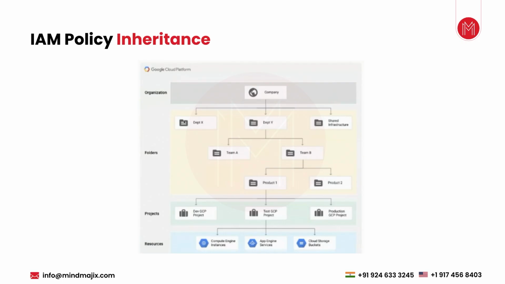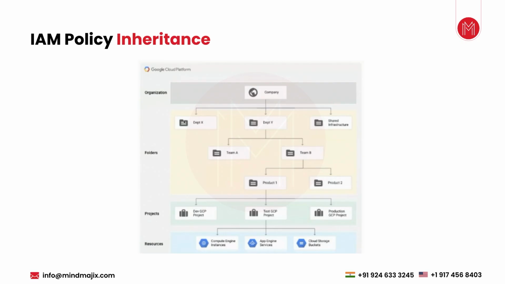Because if I have the top level access, the organization admin access, this will get inherited to everything down to resources. Inheritance, right? Focus on this word, inheritance. My access will get inherited down to resources, which means I have admin access to all these folders, all these projects, and all resources.